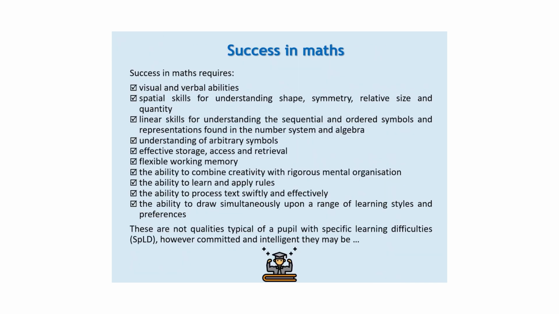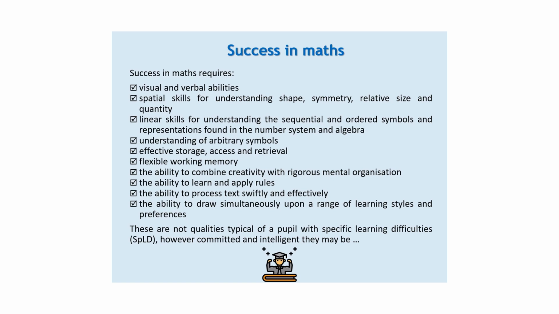Success in maths requires visual and verbal abilities. Spatial skills for understanding shape, symmetry, relative size, and quantity. Linear skills for understanding the sequential and ordered symbols and representations found in the number system and algebra. Understanding of arbitrary symbols. Effective storage, access, and retrieval. Flexible working memory.